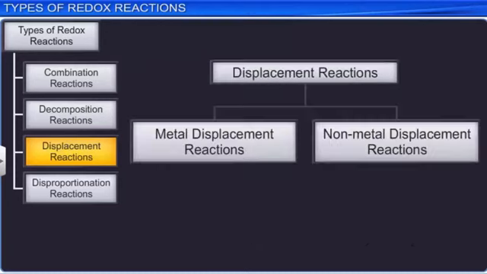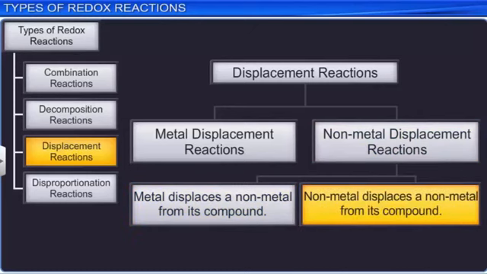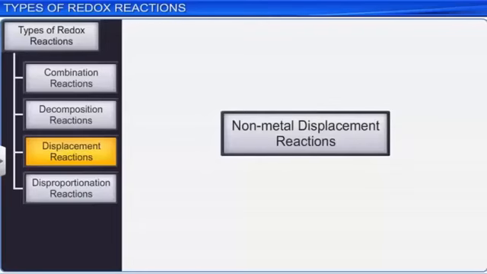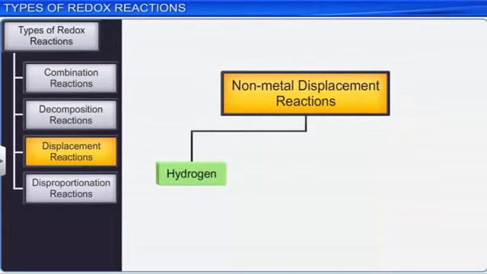The second type of displacement reaction is the non-metal displacement reaction. In a non-metal displacement reaction, a metal or a non-metal displaces another non-metal in a compound. In most non-metal reactions, the non-metal displaced is hydrogen.